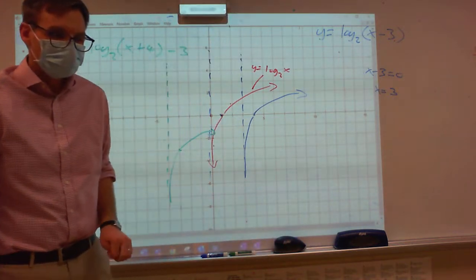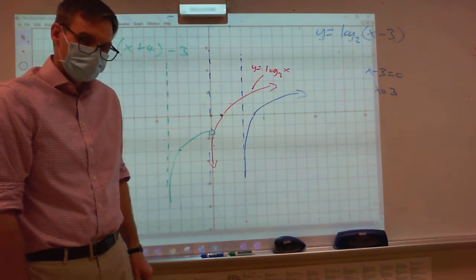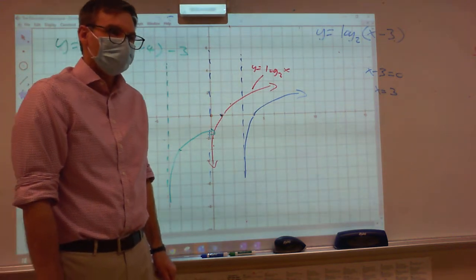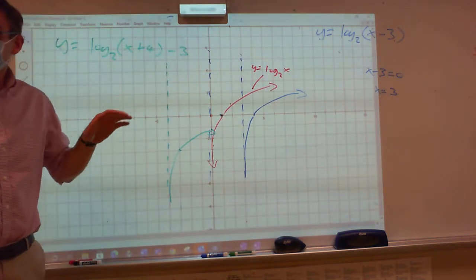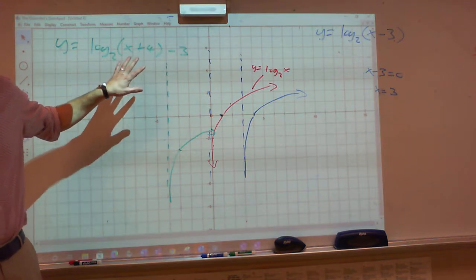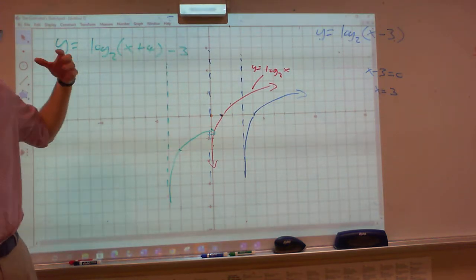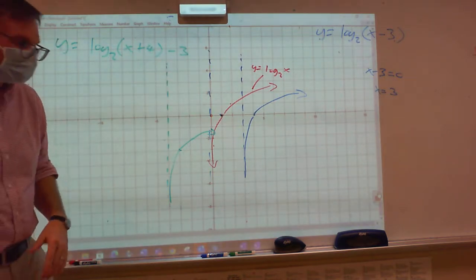How is it supposed to be left 4, right? I'll get there. Okay, so does this make sense? Yes. Again, the rules haven't changed. Inside moves left and right. Outside moves up and down.